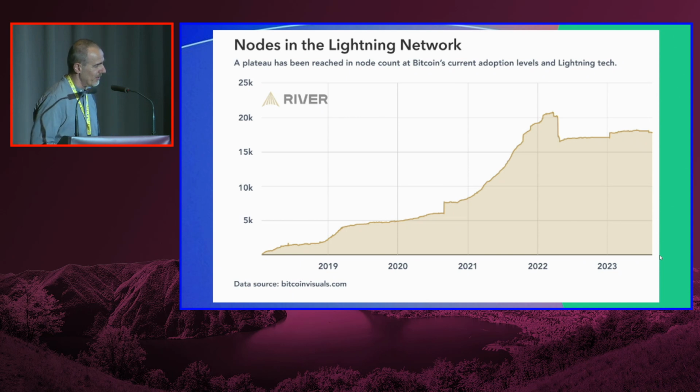And here we can see the evolution of the number of nodes from 2019 to 2022. We can see a rise in nodes, but we can see also a plateau from 2022 to 2023. This is probably because of the bear market we had and the optimization of nodes.